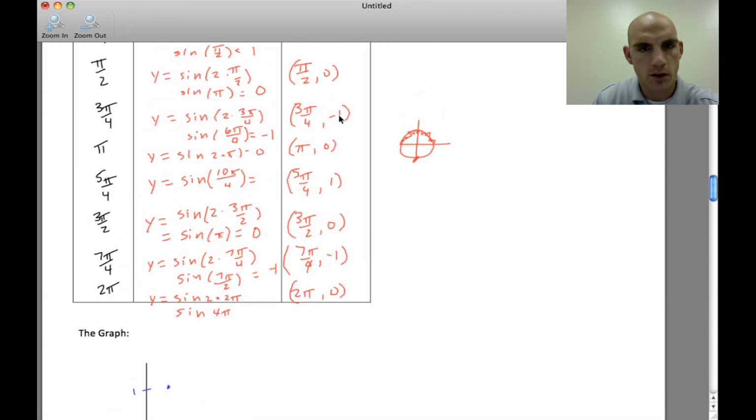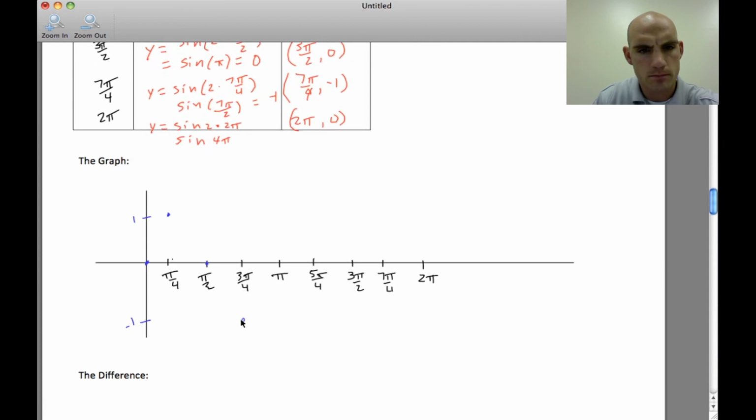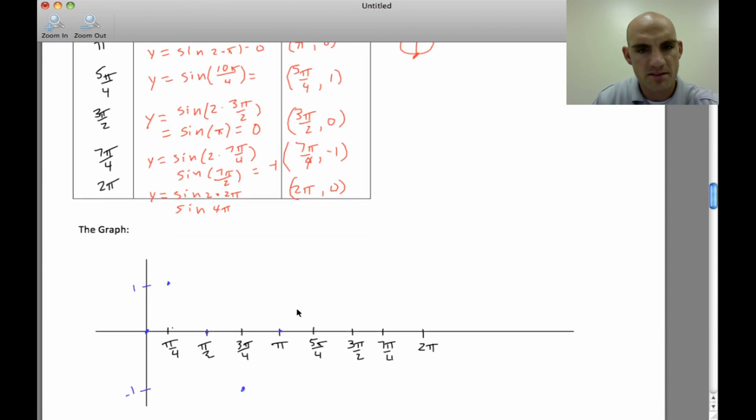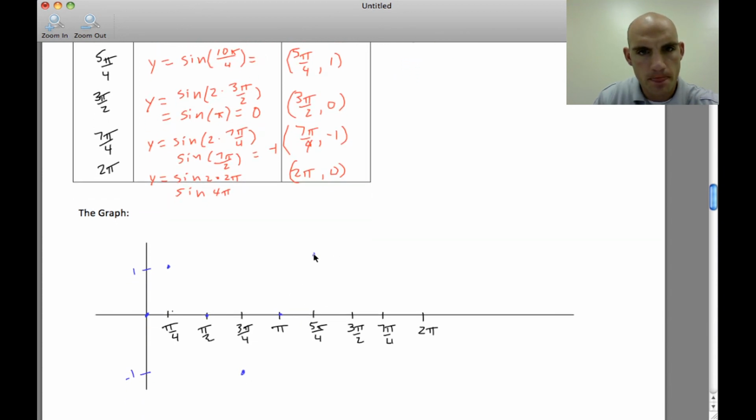When I get to 3 pi over 4, I'm at -1. When I get to pi, I'm back at 0. When I'm at 5 pi over 4, I'm at 1. When I'm at 3 pi over 2, I'm at 0. 7 pi over 4, I'm at -1. And 2 pi, I'm back at 0.